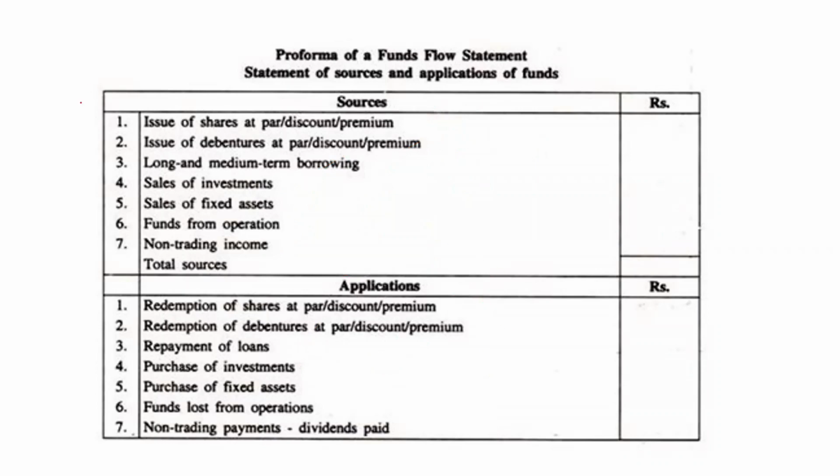So after preparing this statement, you get to know where your funds have been applied and where you have got the funds from. So the sources you can rethink, and the applications you can rethink.